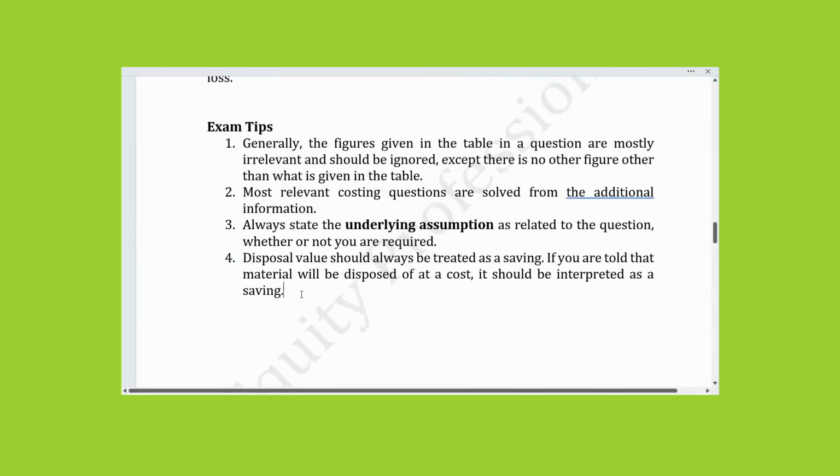Number 5. Under this, 5 points you need to know.